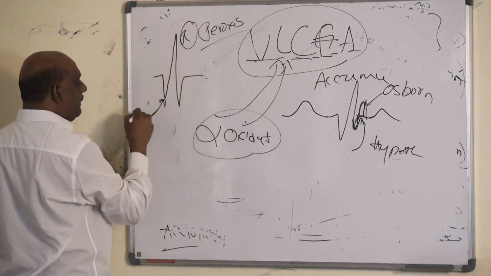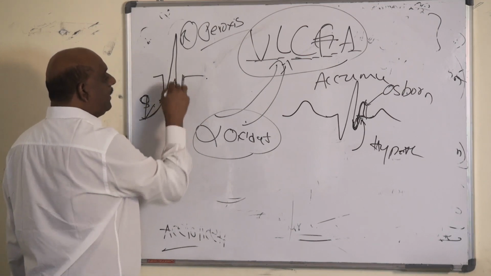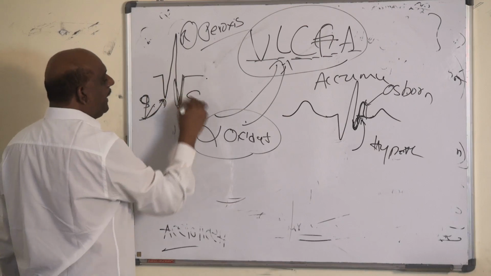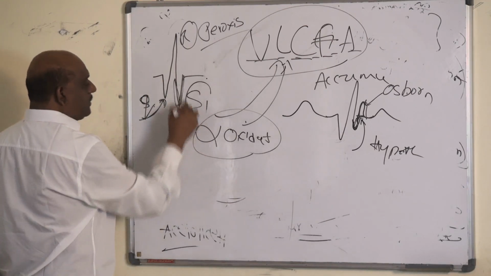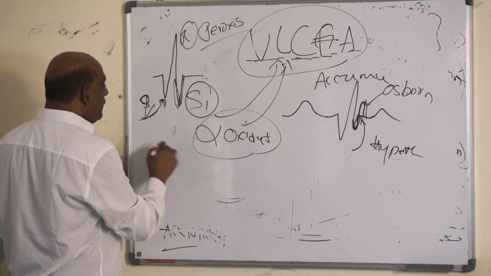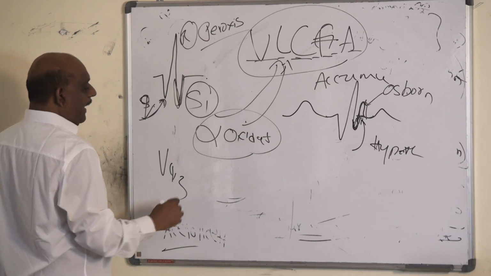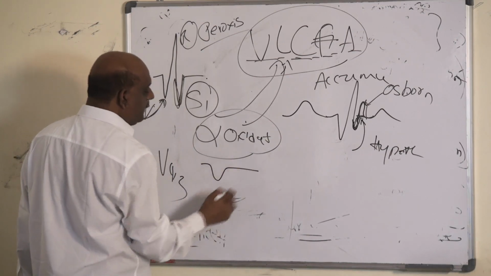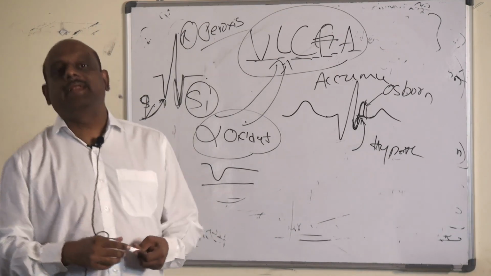Before the R wave, any negative wave is Q wave, and any negative wave after the R wave is S wave. So in lead 1 you get an S1, in lead 3 you get a Q wave, Q3, and in lead 3 there is a T wave inversion, S1, Q3, T3.